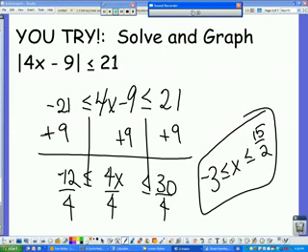And remember, since this is a less than, you're going to first of all rewrite the original problem just as it was without absolute value bars. And then the next one, you're going to write another less than sign with a negative 21. Make sure you add 9 on each side of the boundary lines. Divide by 4. And remember, 30 divided by 4, 2 will go into both of those, so it reduces down to 15 over 2.